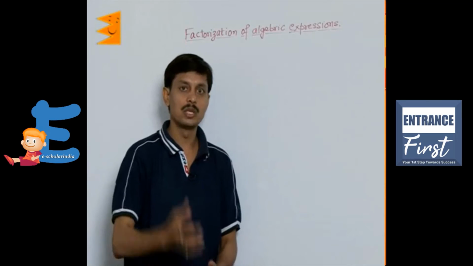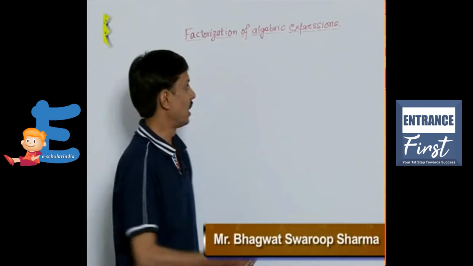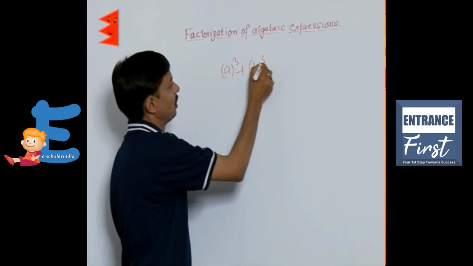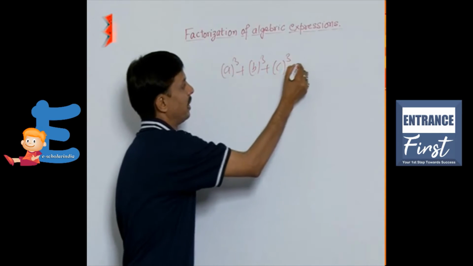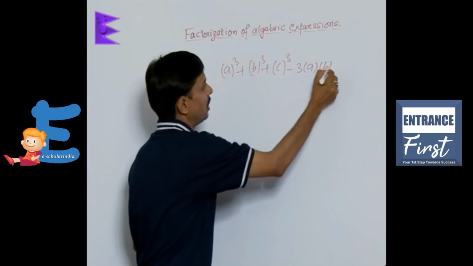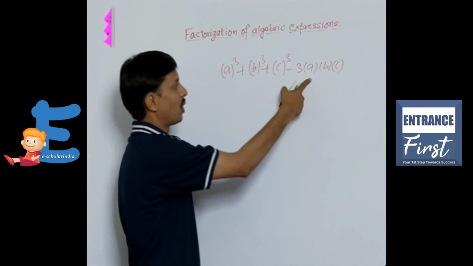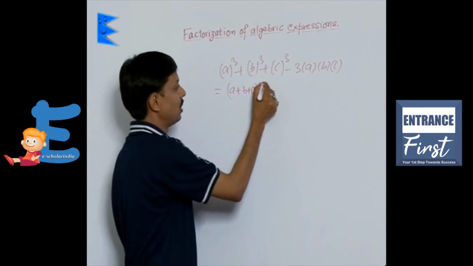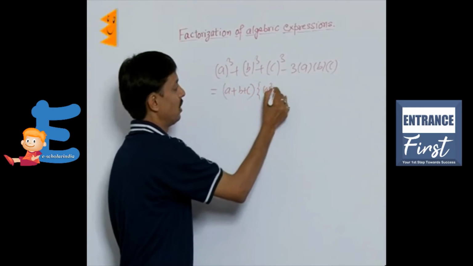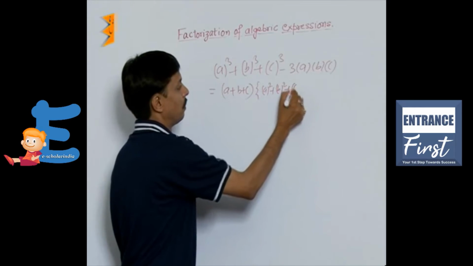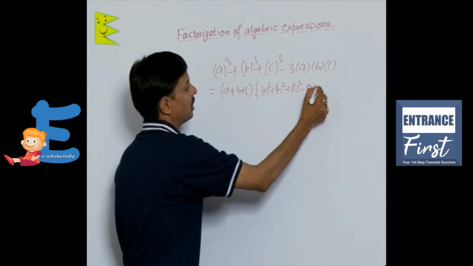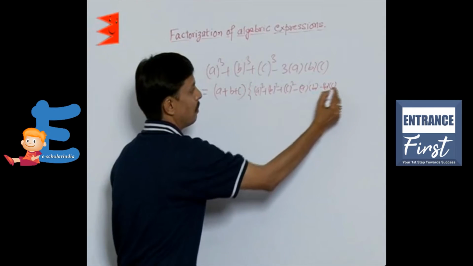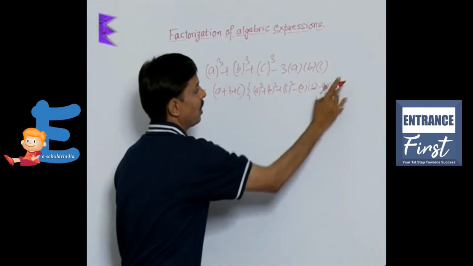Now I want to tell you some special identities. It's like a cube plus b cube plus c cube minus 3abc. The result for this identity is (a + b + c) into (a square plus b square plus c square minus a into b minus b into c minus c into a).